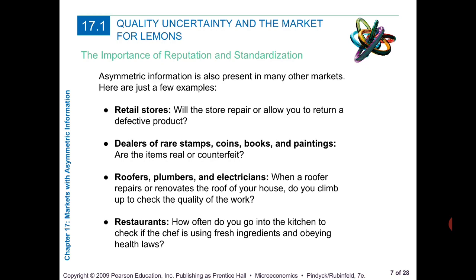You don't have to wonder whether this is going to be a high quality burger today or a non-high quality burger today, and therefore you avoid the problem of asymmetric information just now. So standardization helps determine the quality, and you will pay for that quality. All right, if you feel that it is low quality, you pay for low quality, but the standardization gives you a certain measure of the quality.